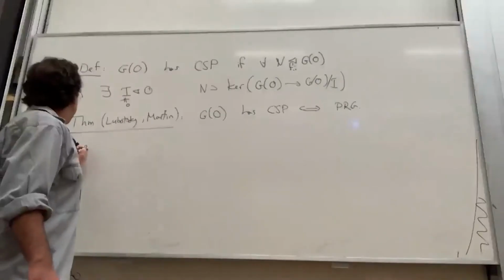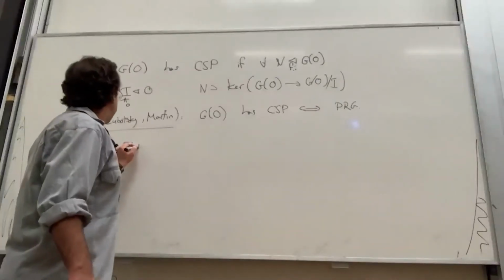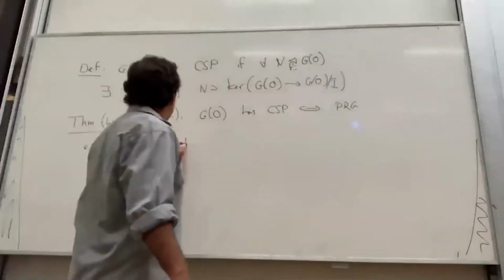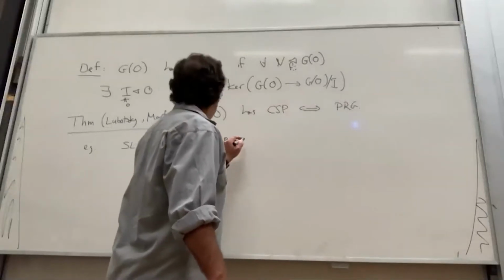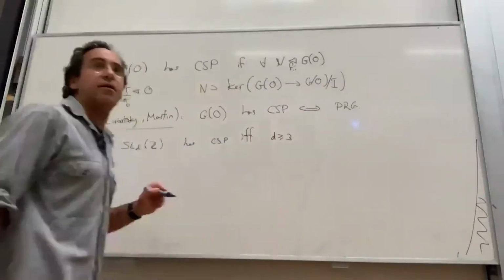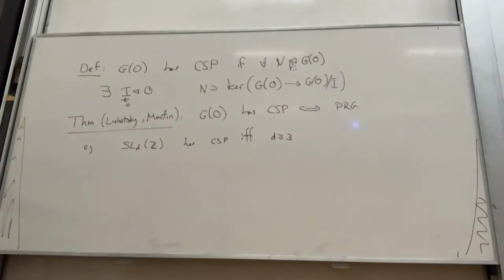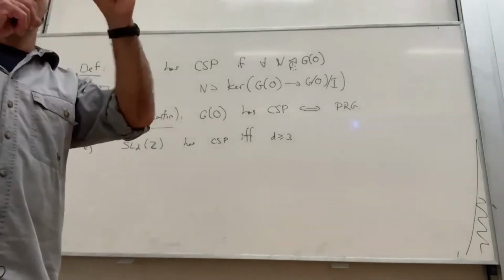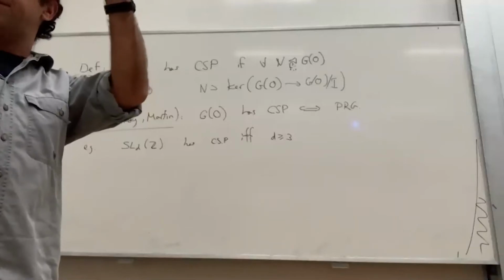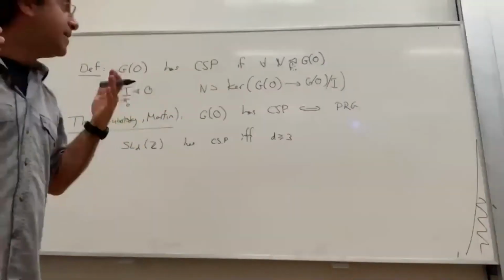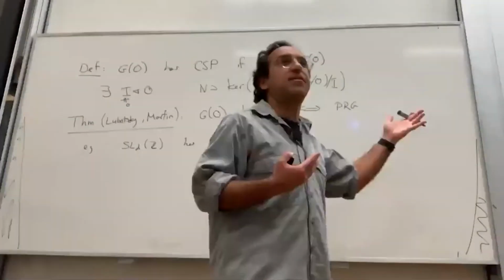For example, if you think about SL_d(Z), then it's a theorem of Bass, Milnor, and Serre that it has the congruence subgroup property if and only if d is at least 3. So in particular, SL_2(Z) doesn't have the congruence subgroup property, but it also doesn't have polynomial representation growth, because SL_2(Z) is almost free. It has a subgroup of finite index which is free, and free groups have lots of representations. So these numbers are not even finite for SL_2(Z).